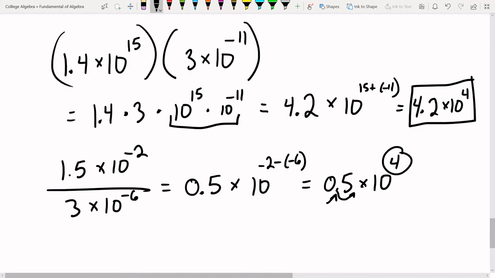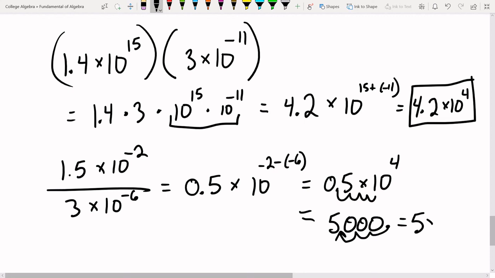So instead of trying to figure out the properties for that, I recommend just expanding this number. 0.5 times 10 to the 4 is going to be 1, 2, 3, 4 spaces. So 5,000. And then recompact it into scientific notation. 1, 2, 3. This is the same thing as 5 times 10 to the 3. That's the method I recommend using.